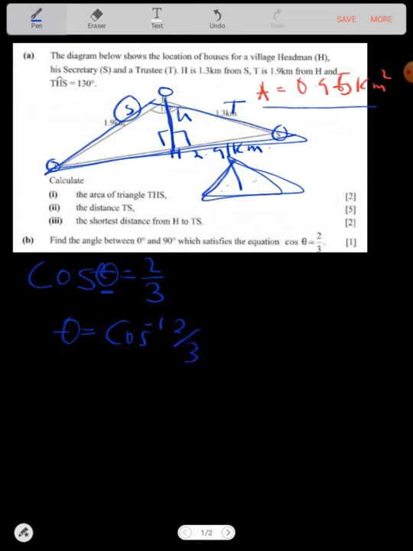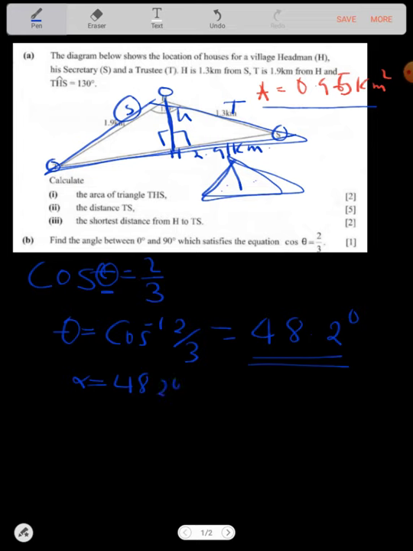This is how you find it. To find cos inverse, you press shift, then cos. Then it gives you 48.2 degrees. This is what we call a reference angle. So our reference angle is 48.2.